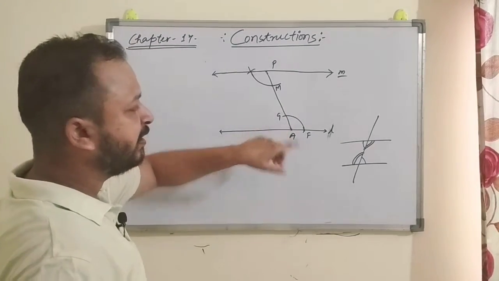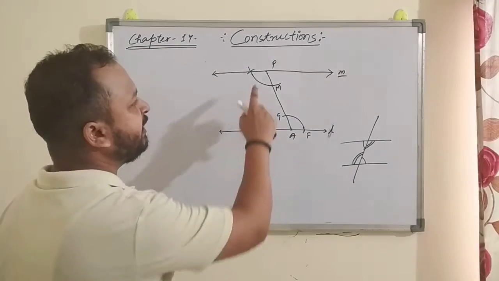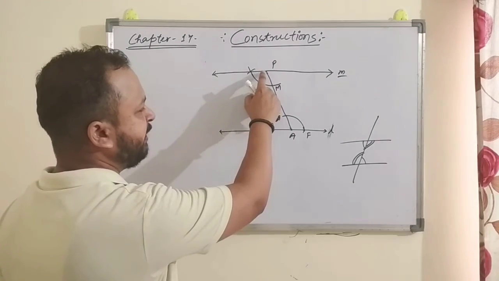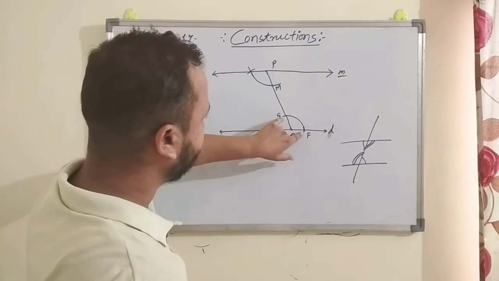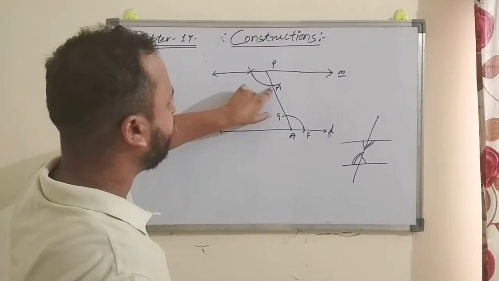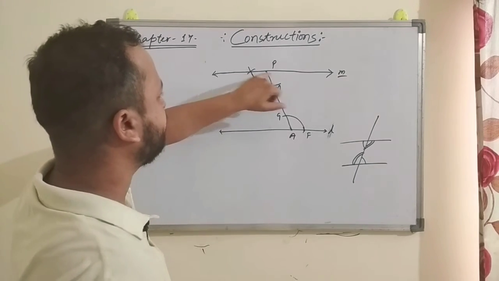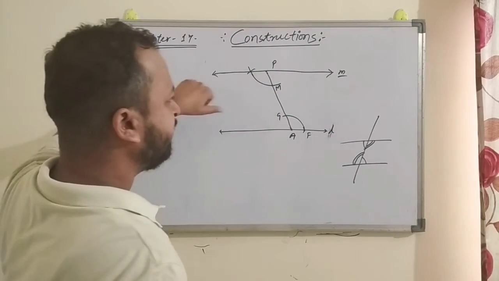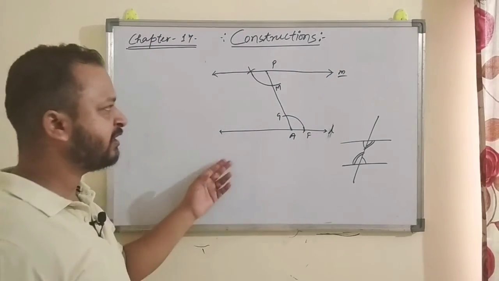For any radius, by the same radius, take that point P, draw an arc. Now measure this portion, means GF, you have to measure it. Then take point M and draw an arc from that point, and P, just join them and extend this line to either of the sides, right? You will get a line which is parallel.